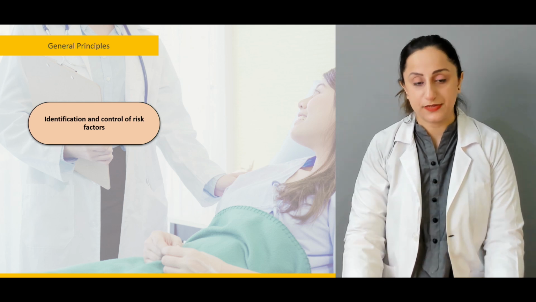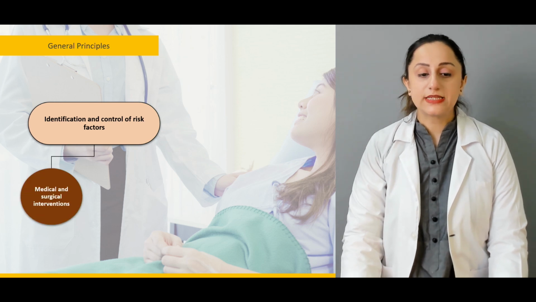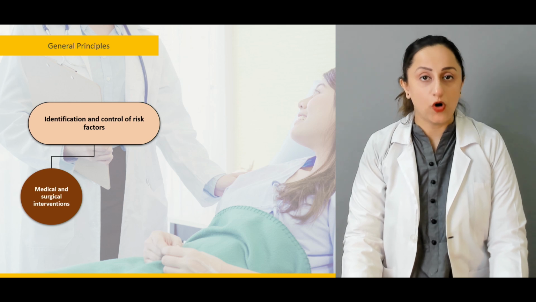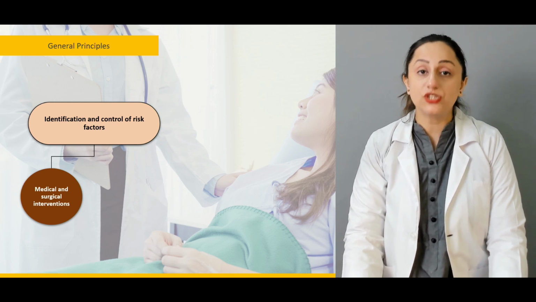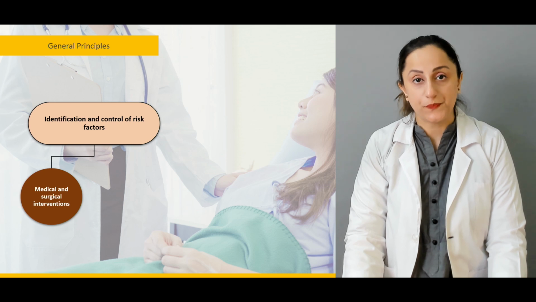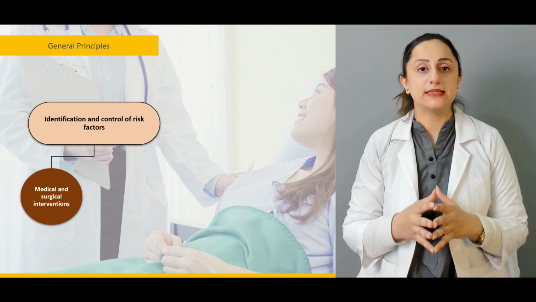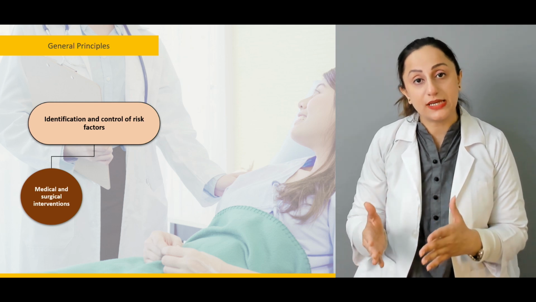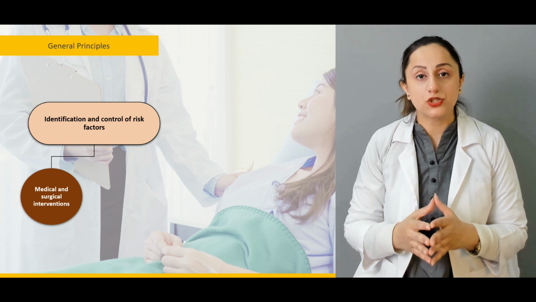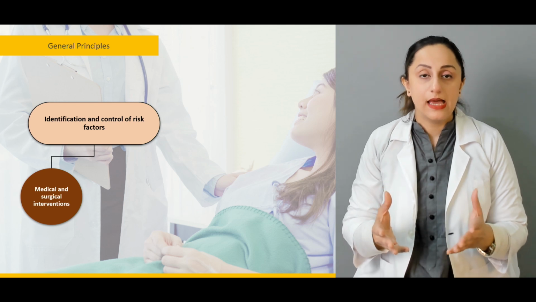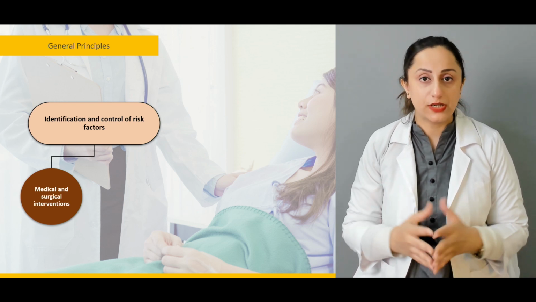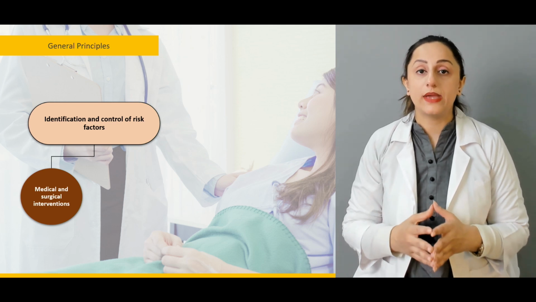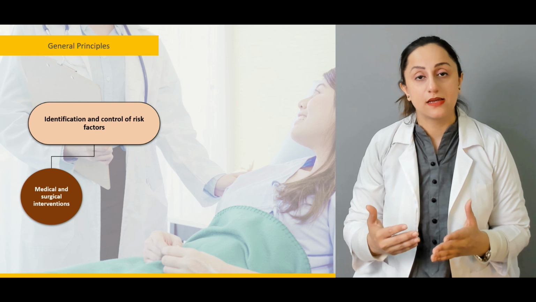Then, if medical interventions are needed, we can opt for those, and we also have surgical interventions we can opt for. For instance, for patients who have high LDL levels and low HDL levels, we can start off with medical interventions. A lot of medications can be prescribed for such patients, and among them we have the anticoagulants.